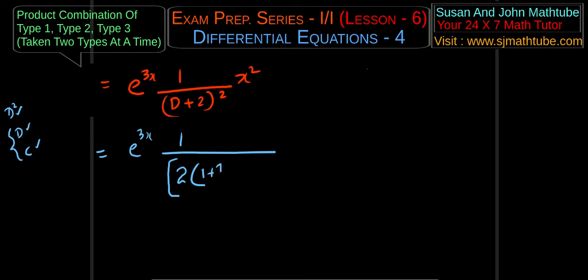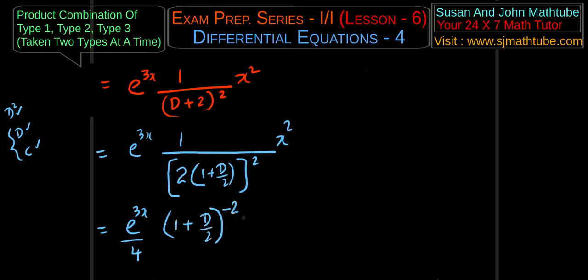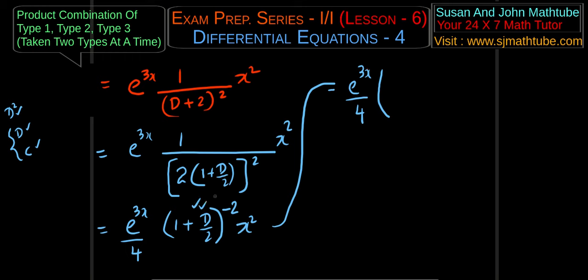So 1 plus d by 2 the whole square of x square, and that is equal to e to the power 3x. And if you simplify, you'll get 1 by 4, and you simplify further, you get 1 plus d by 2 the whole power minus 2 of x square, and that is equal to e to the power 3x by 4, and then you have to expand this.